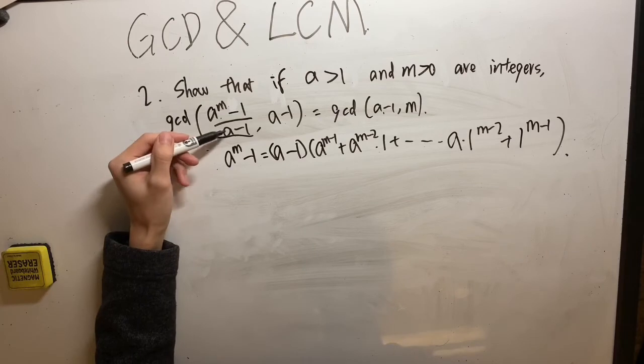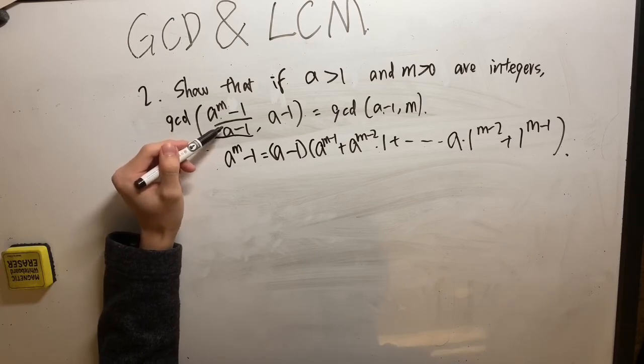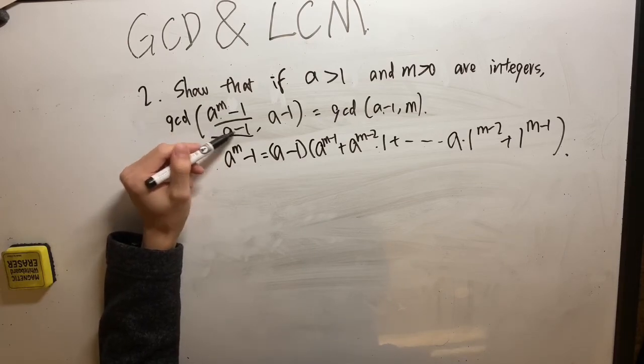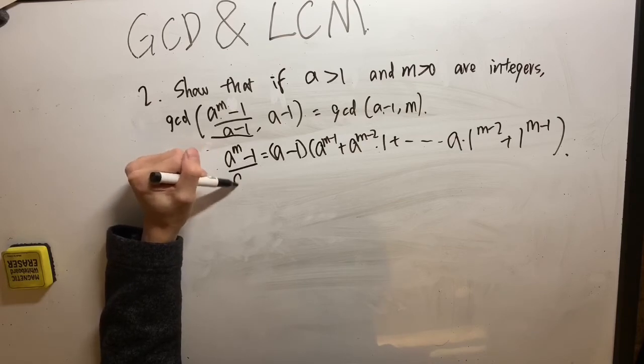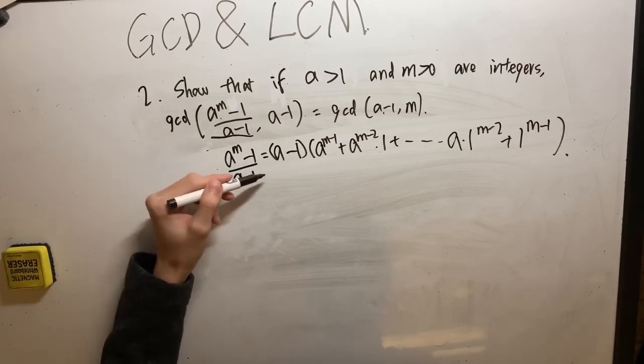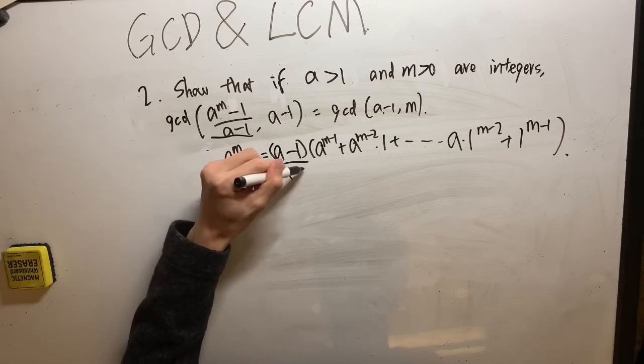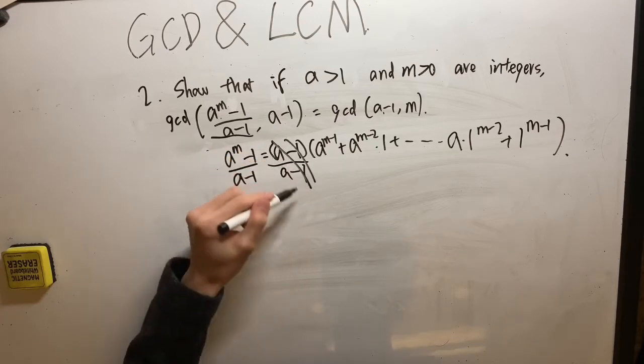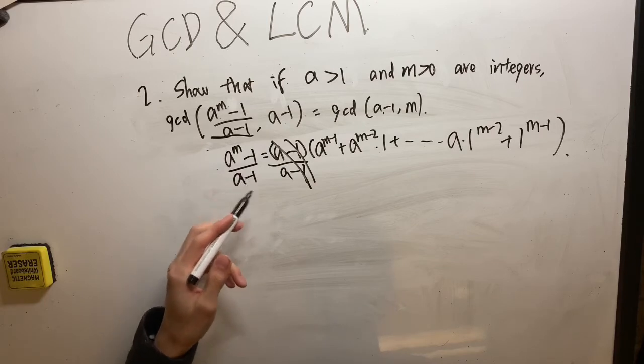In this case, we are dividing by a minus 1, so we divide a minus 1 on both sides, and this gets cancelled out.